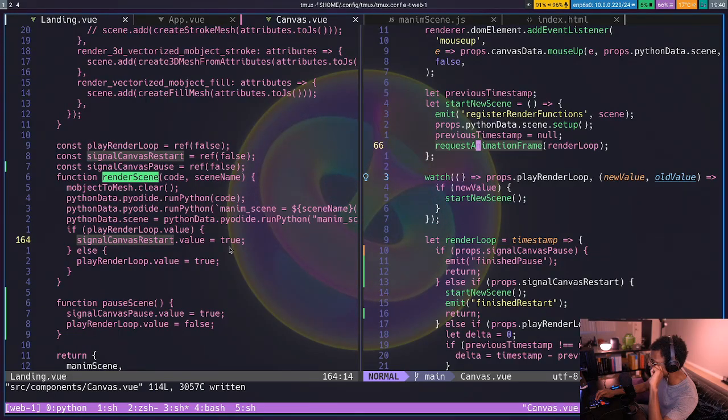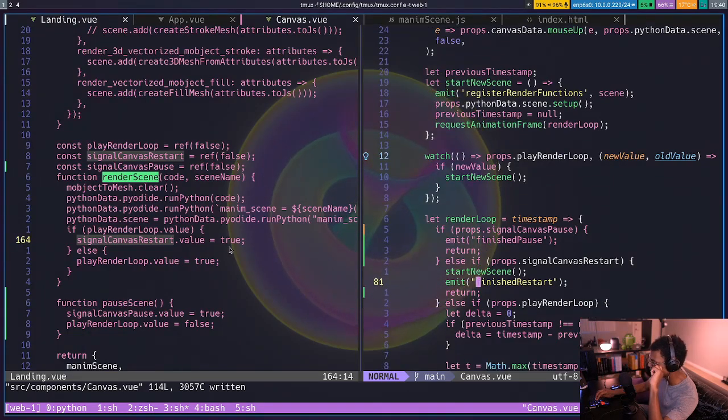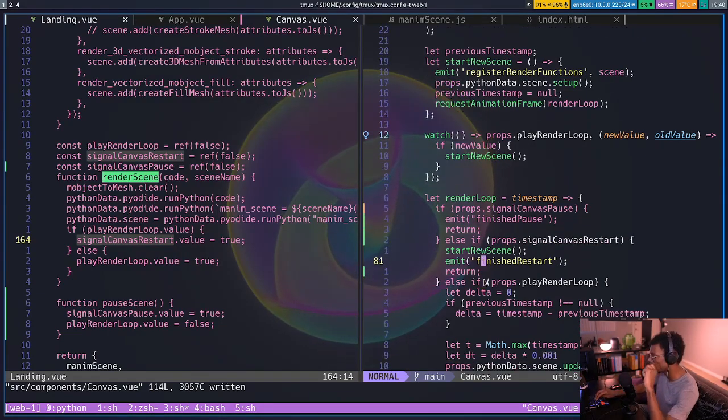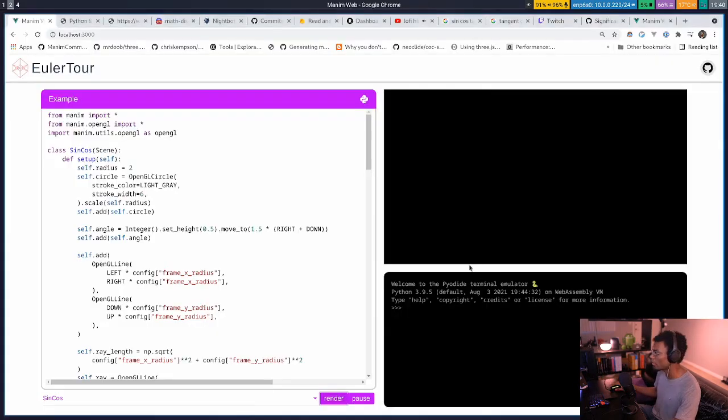Actually, wait. This will request the animation frame. Now then it'll go straight to here. This should set this to false, so it doesn't go into this loop the next time. Then it'll return. Then when it gets called again, it should be false. Okay.